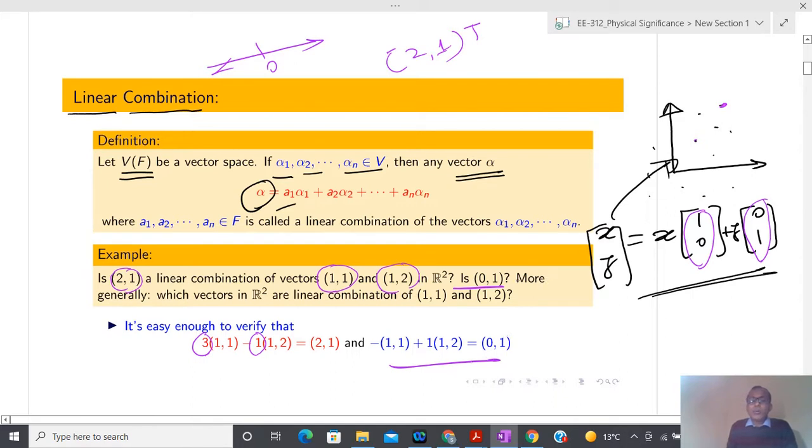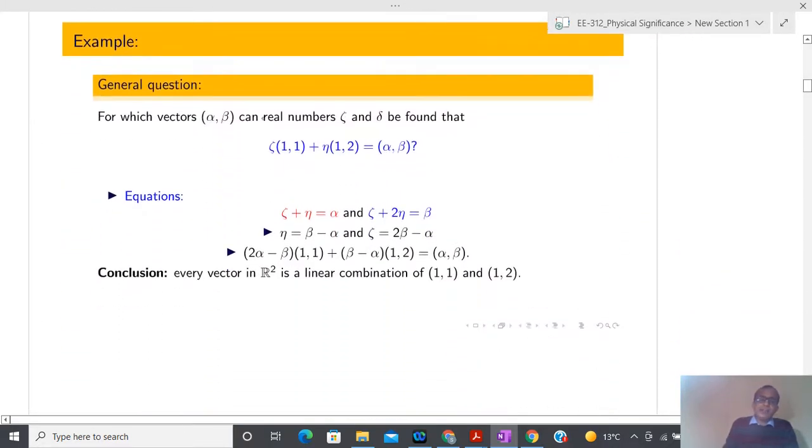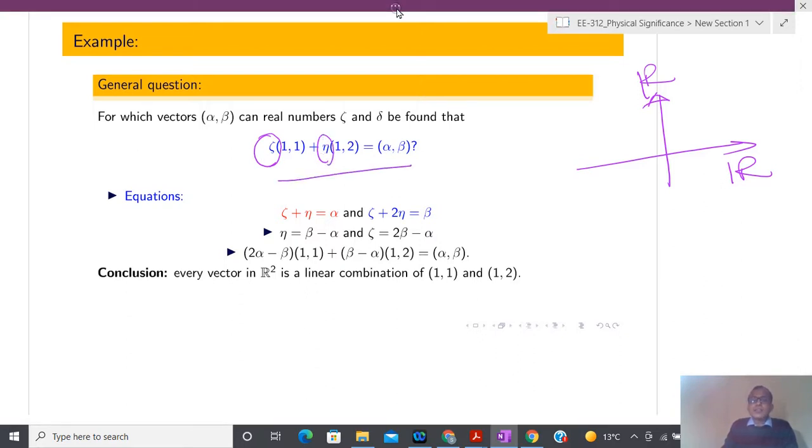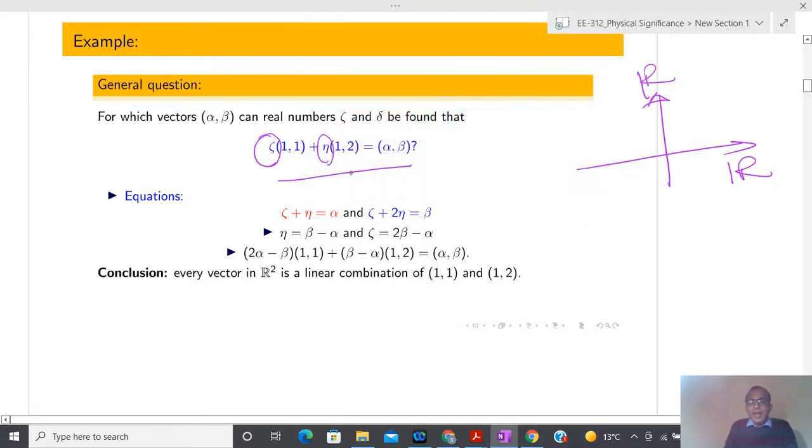Now, more generally, which vectors in R2 are linear combinations of (1, 1) and (1, 2)? I am going to check that, and it is possible to show. During school time we did this kind of calculation. Since I am asking which vectors in this two-dimensional space are represented by these two vectors (1, 1) and (1, 2), I have to find the set of scalars such that these equations hold.